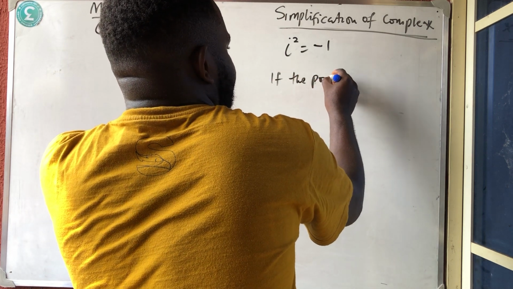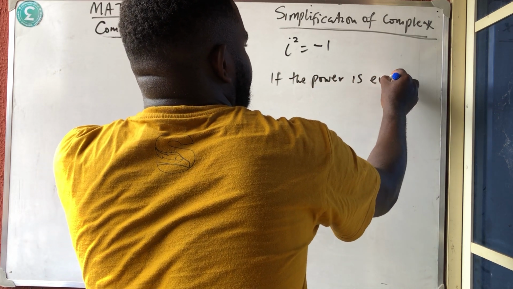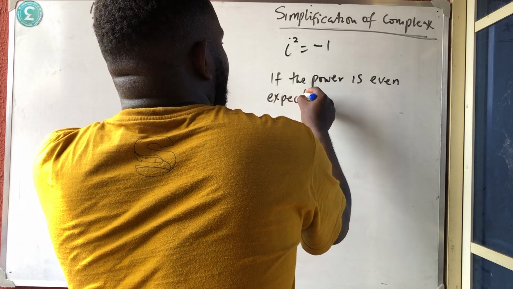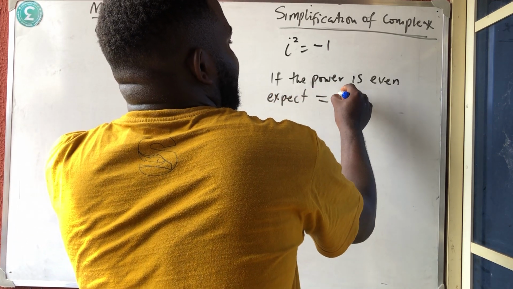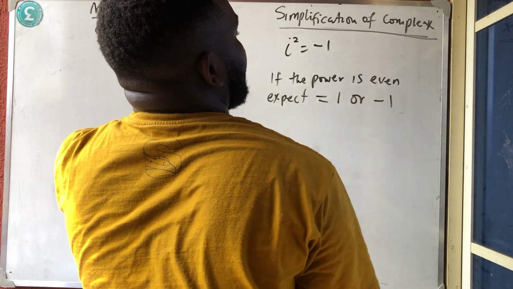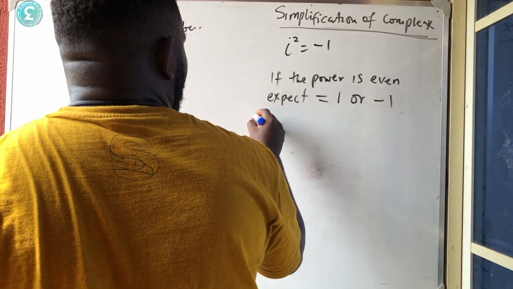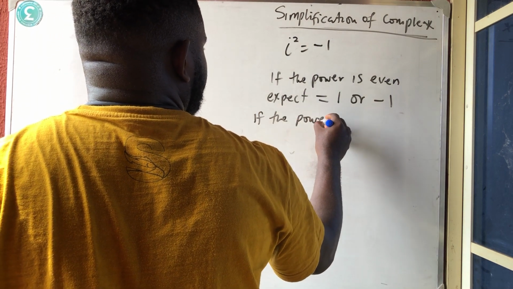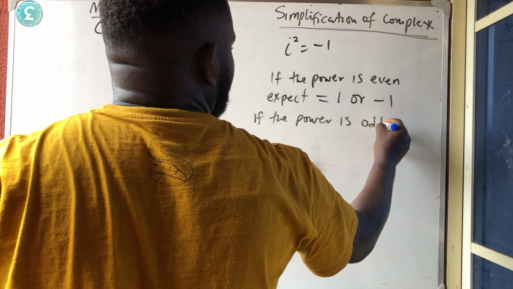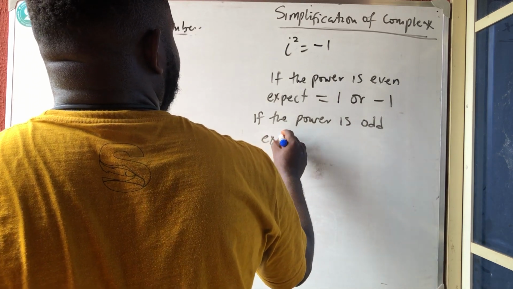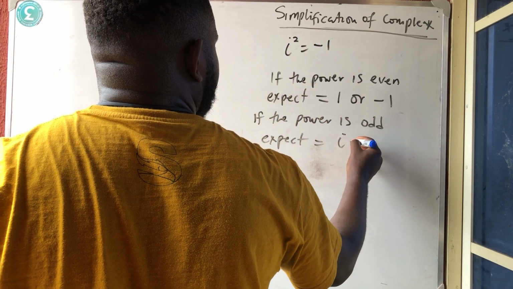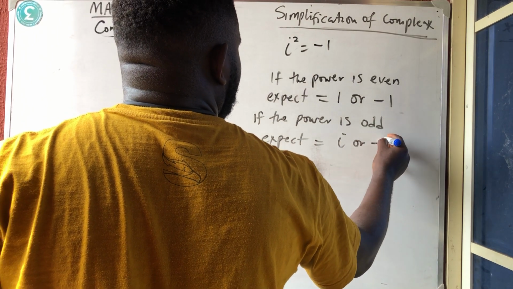we expect 2 answers, which is either 1 or minus 1. But if the power is an odd number, what are you expecting? You expect i or minus i, as simple as that.